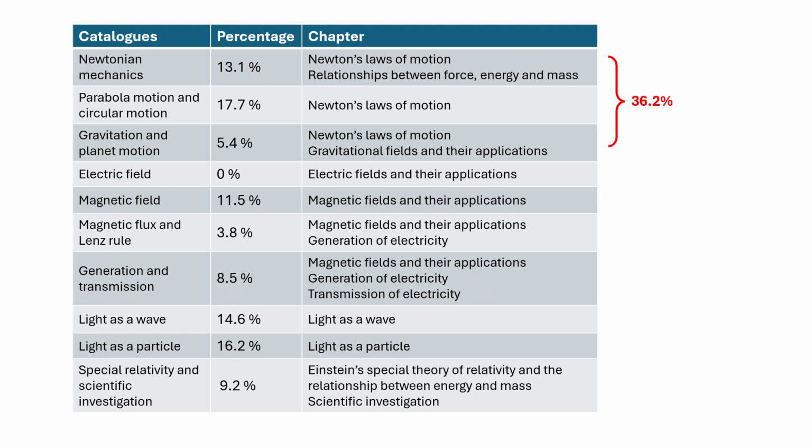Electromagnetic fields, covering electric and magnetic fields, magnetic flux, Lenz's rule, and generation and transmission, accounted for 23.8%. The nature of light, investigating both its wave and particle characteristics, comprised 30.8%. The remaining 9.2% of the examination was allocated to special relativity and scientific investigation.